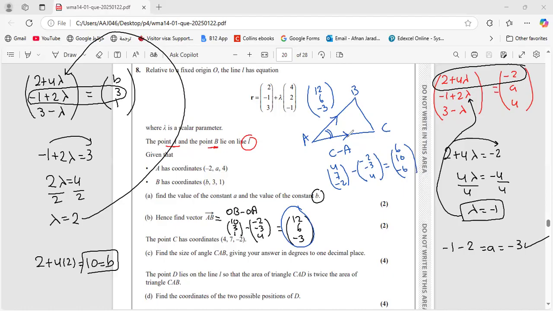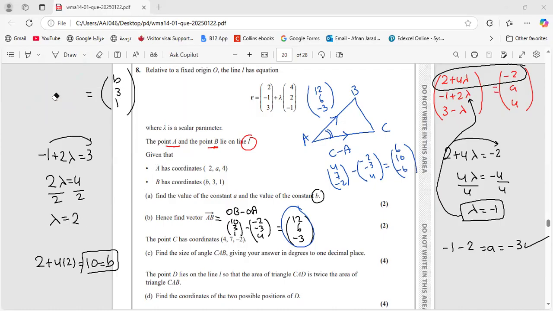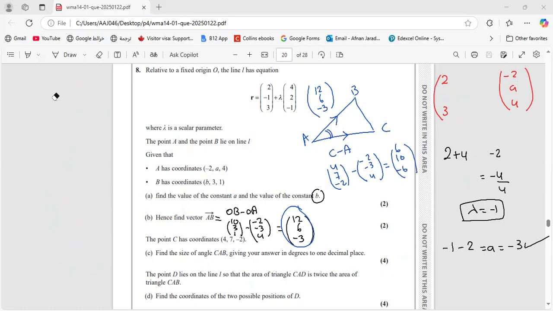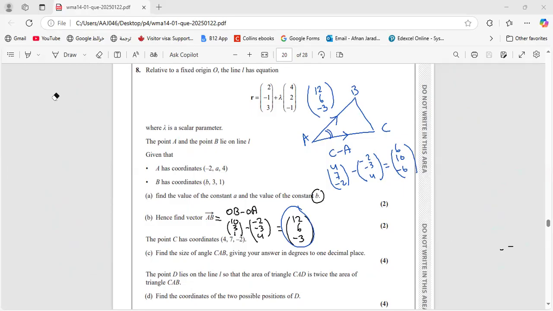To find this angle, I have now AB and I have AC.